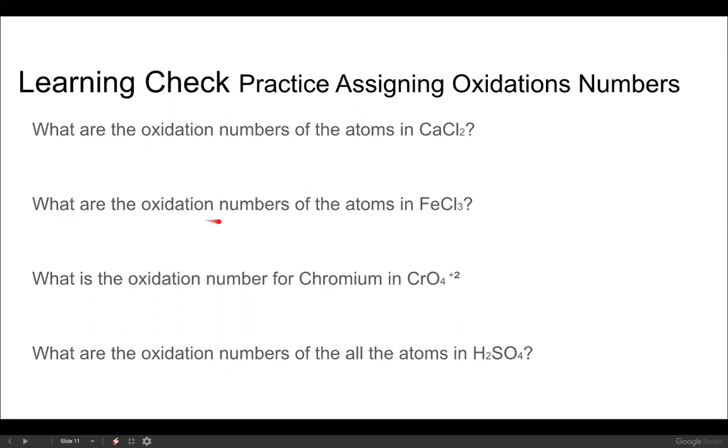What are the oxidation numbers of the atoms in FeCl3? Now notice these first two, there is no little attached charge or oxidation state. Instead, we have a 0, so make sure that you're planning these out to be 0. What is the oxidation number of chromium in CrO4?